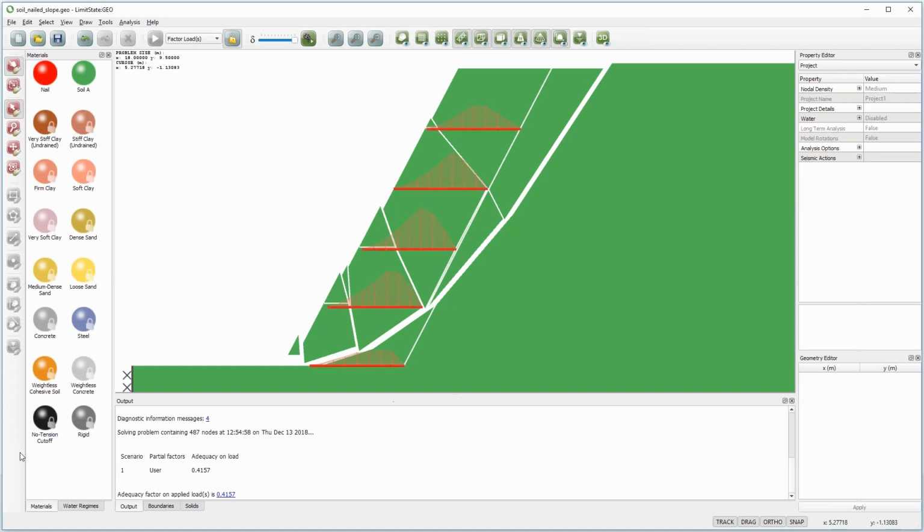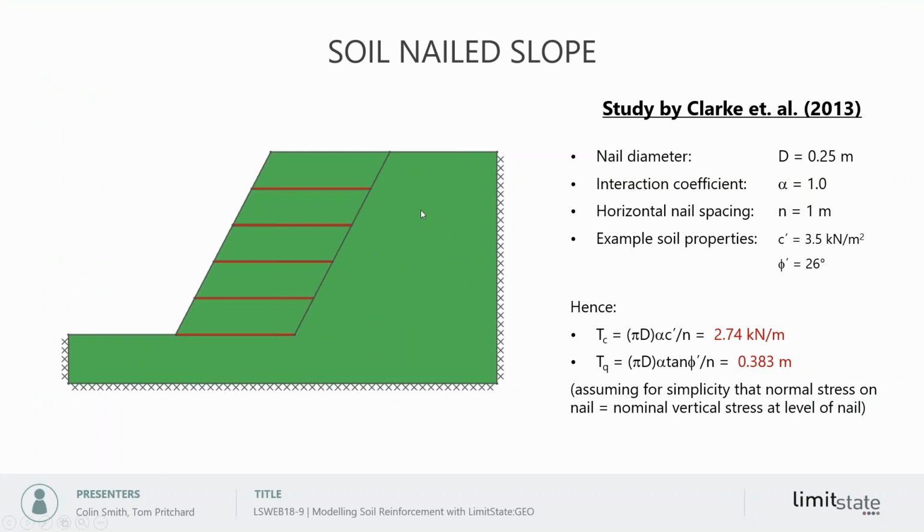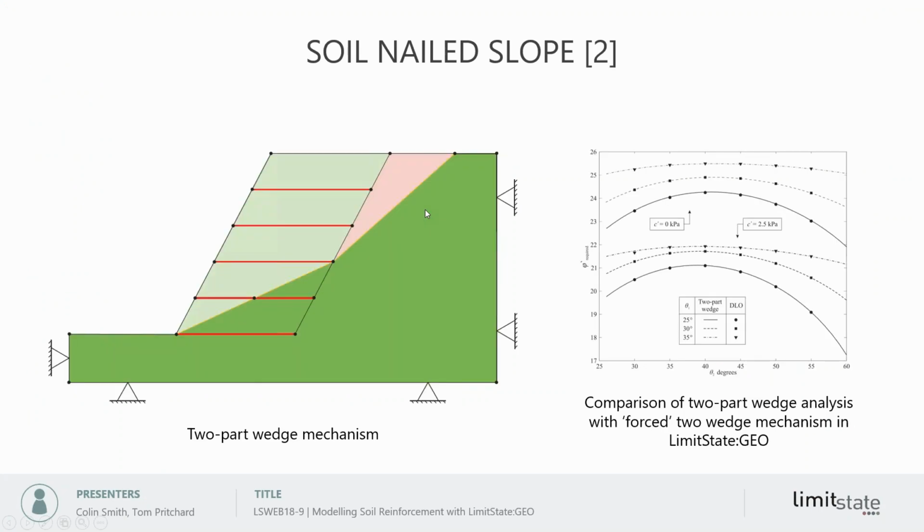Okay, so we'll jump back to the presentation. Now, this analysis has been validated. I'm showing you one slide here where in fact the software was forced to adopt a two-wedge analysis and told it had to find a failure mechanism along these two wedges, but all the angles were varied and it got exactly the same answer as a classical analysis.